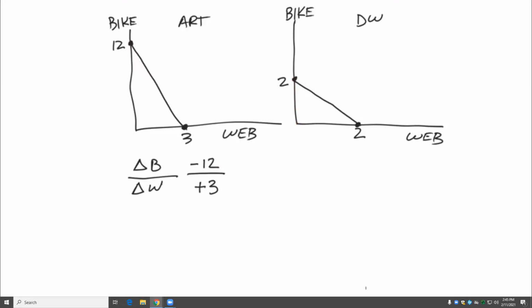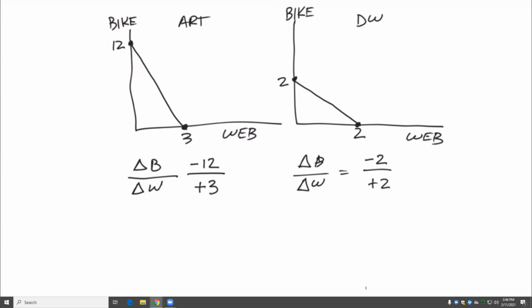That's your opportunity cost of producing 2 web pages. She's giving up the production of 2 bike repairs. So let's write that the same way. We've got change in bike repair divided by the change in web pages, and that equals, well, if we increase web pages by 2, we're going to decrease bike repairs by 2.